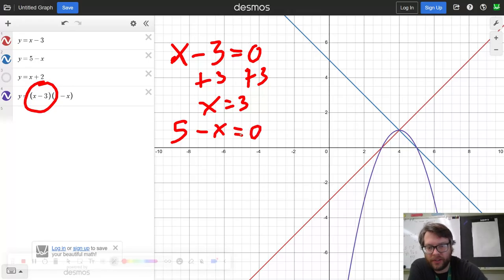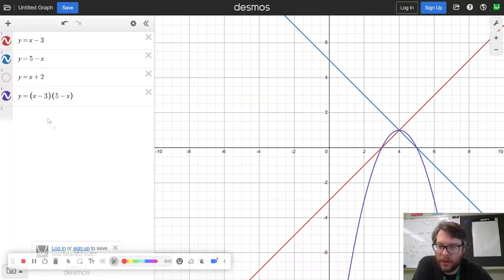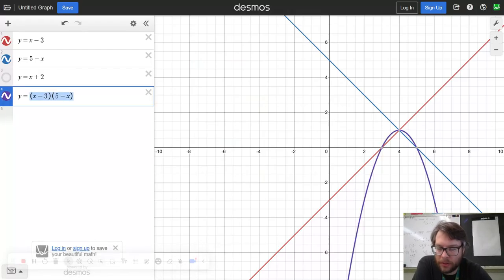If you're able to solve that, you can add x to both sides, for example. 5 equals x. That's where you find those x-intercepts. So if you have a polynomial where everything is in factored form, all the parentheses multiplied together, then you just need to solve each parenthesis separately.